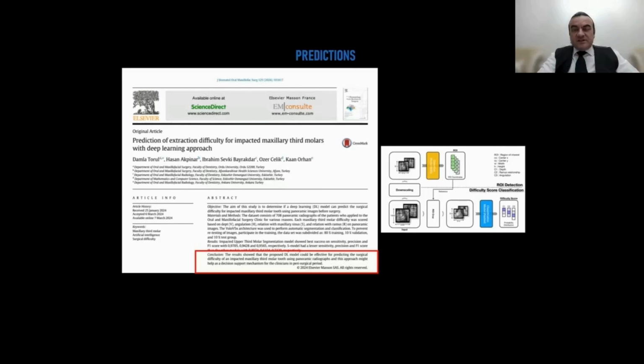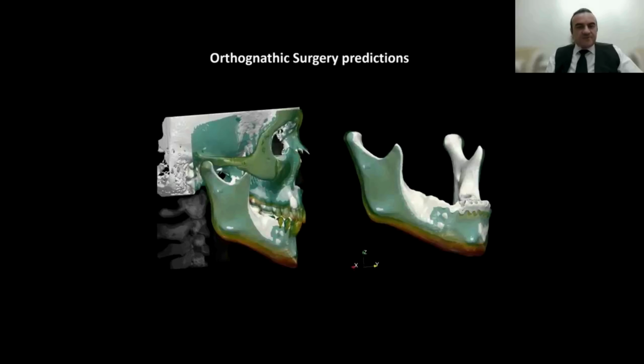Prediction using AI algorithms will be a growing demand. For instance, in this study, we predicted the extraction difficulty using deep learning methodology. So even before any surgery for impacted third molars, we can predict whether it is going to be extracted easily or with difficulty.